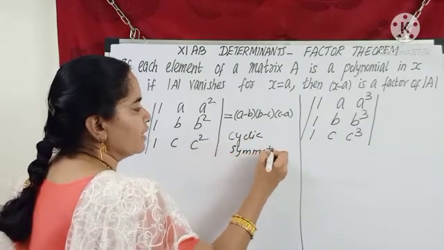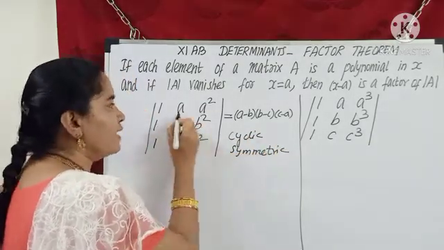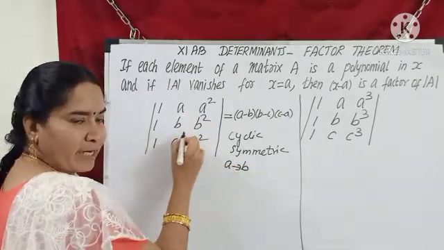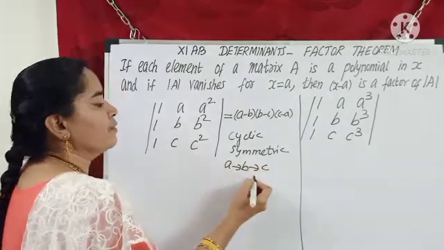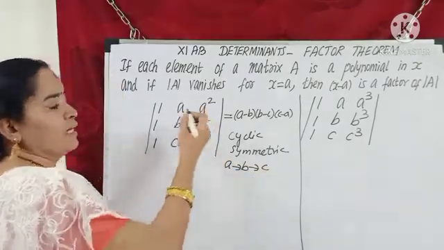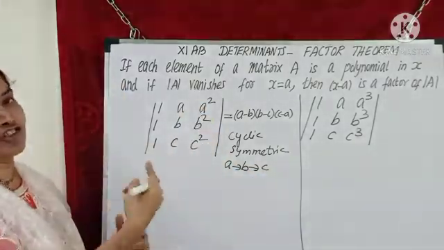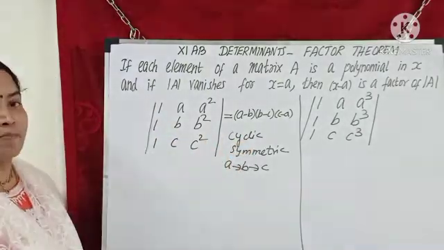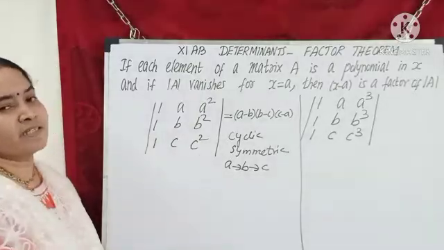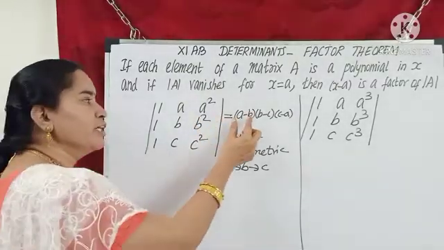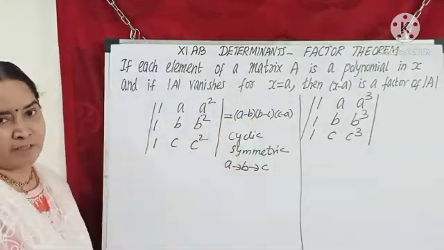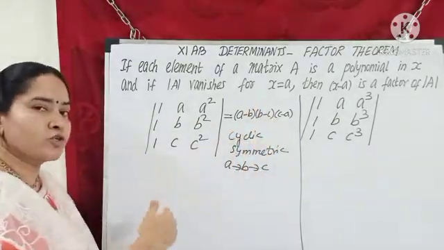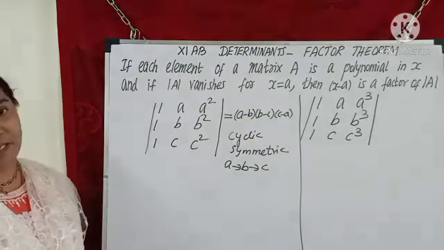What do you mean by the word cyclic? Wherever a comes in first row, it becomes b in the second row. It becomes c in the third row. So cyclically, a, b, c are changed. Such problems we call cyclic and symmetric. In cyclic and symmetric problems, if I show one particular factor, I can immediately conclude the remaining two are also the factors of the determinant.